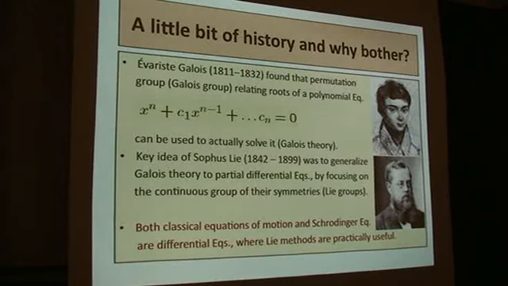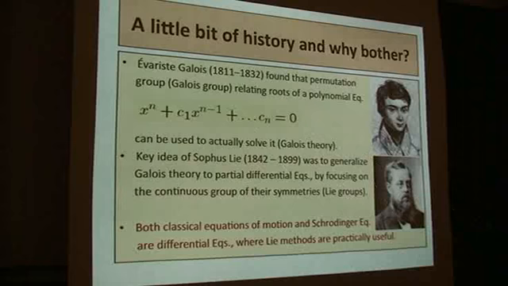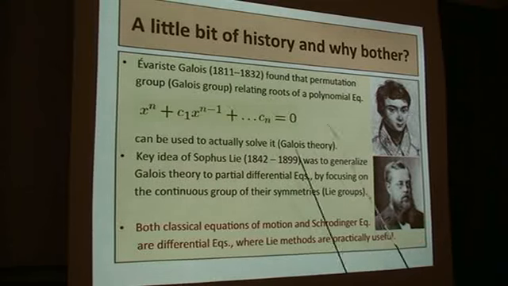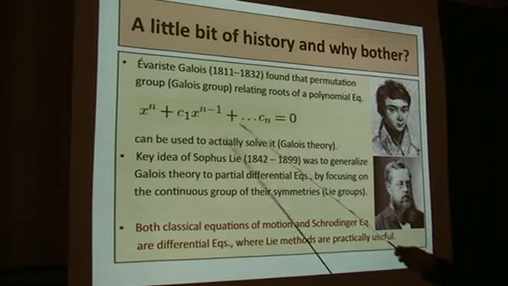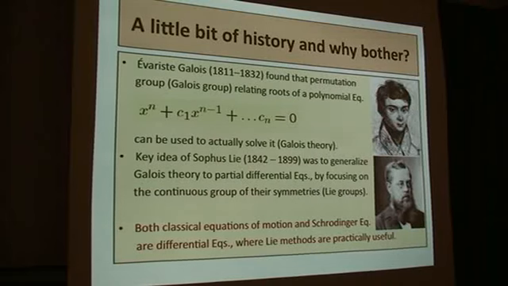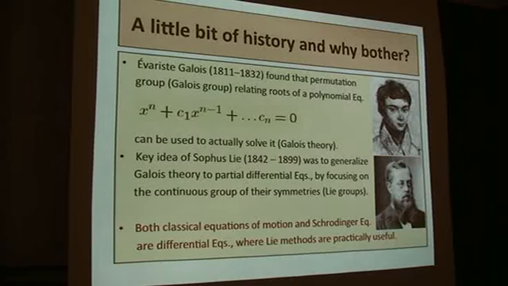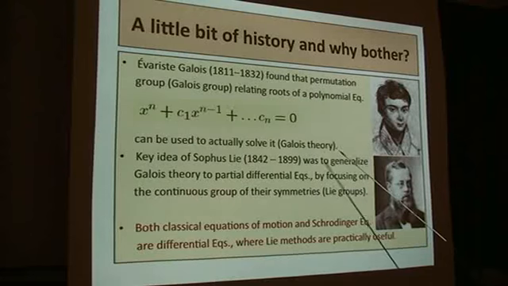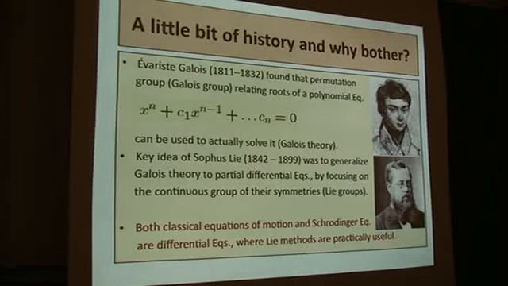This question goes a long way back, to the beginning of the 19th century, when Galois found how to solve an arbitrary polynomial equation. The solution for n less or equal to 4 was based on what is now known as Galois theory, which relates roots of the polynomial to the symmetry of permutations between its roots.